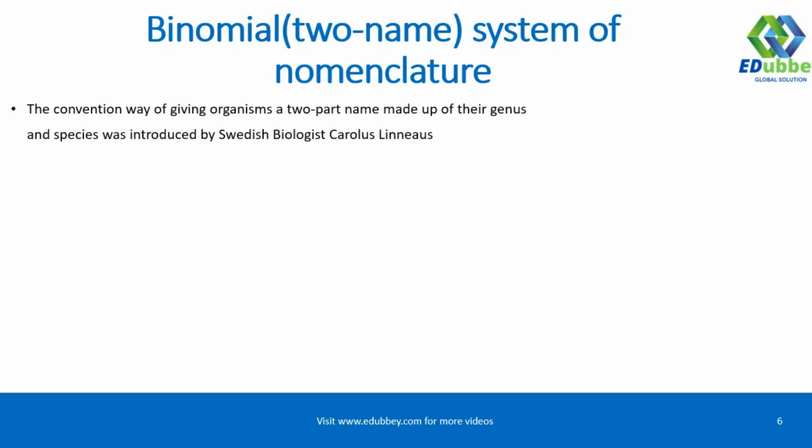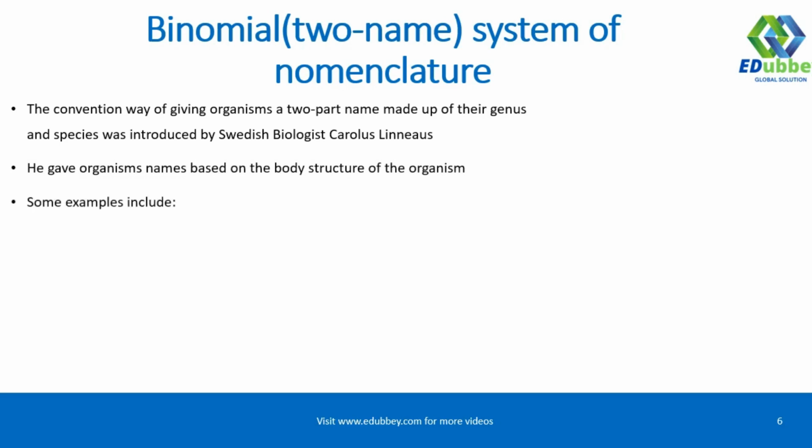He gave organisms names based on the body structure of the organism. Some examples of organisms named with this binomial system of nomenclature are, one, Panthera leo, that is the lion.